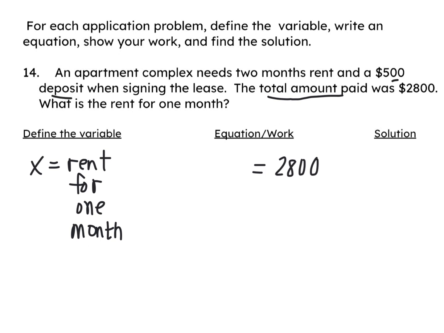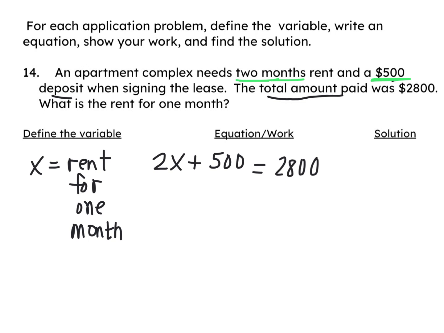So that's like our initial value, and we need 2 months rent. So we know our rent is X. So we need 2 of the rents and a $500 deposit. So this is what our equation would look like. And I probably should have highlighted those terms in there.